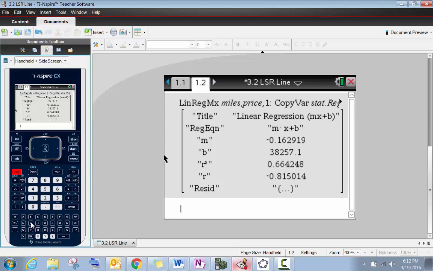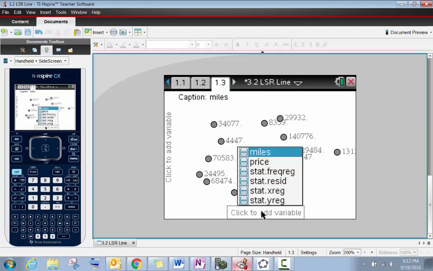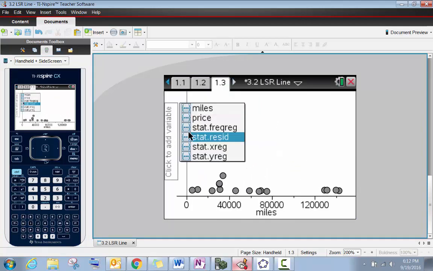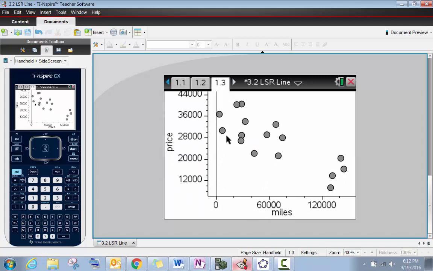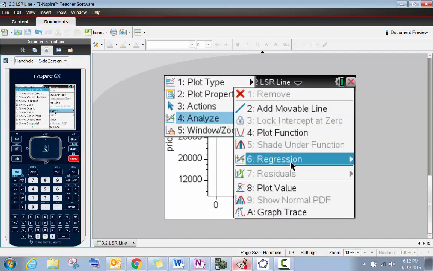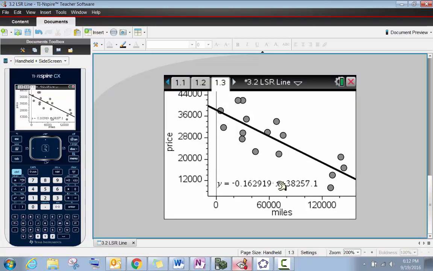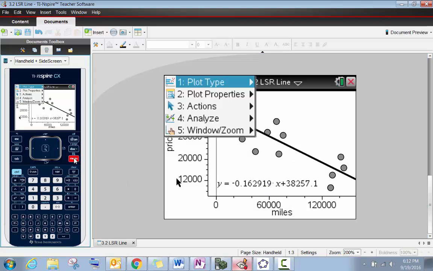If we do Control I and Data and Statistics, click here, put our X value, our miles, here our price or Y value, we have our scatter plot. Do Analyze, Regression, and Linear, we have our equation. We have to have that before to get our residual.